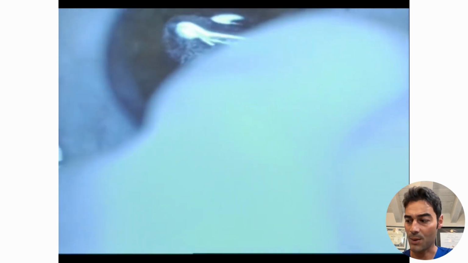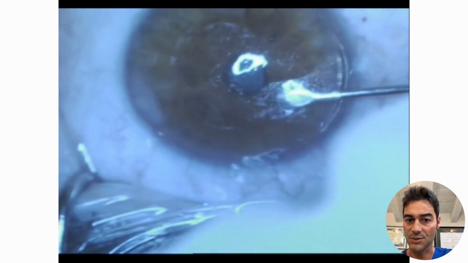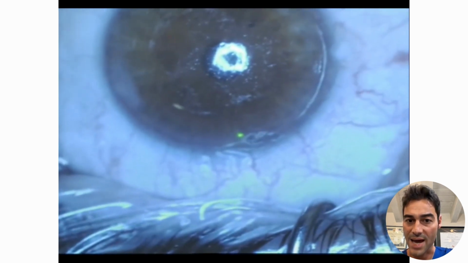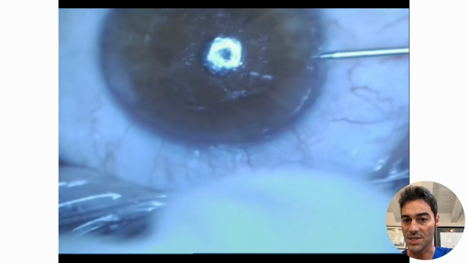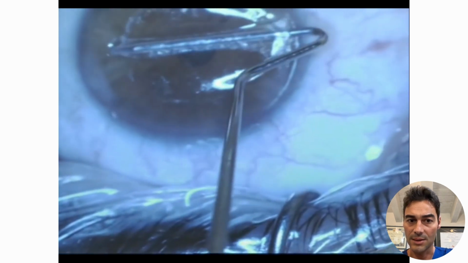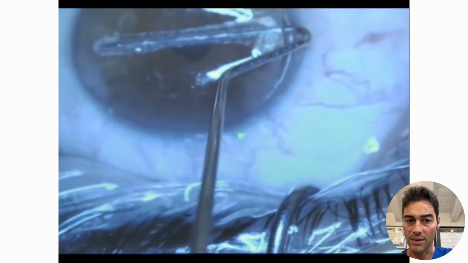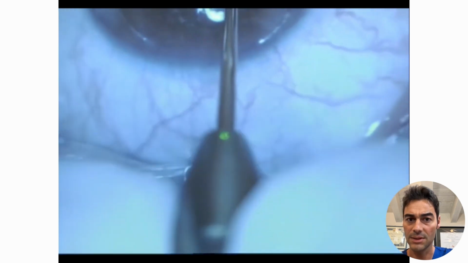That's why we decided to go ahead with the Reinstein dissector spatula intended for SMILE, which is great for these uses because we just separate the tissue delicately. And at the end, we could enter with the LASIK instrument to dissect all the tissue.